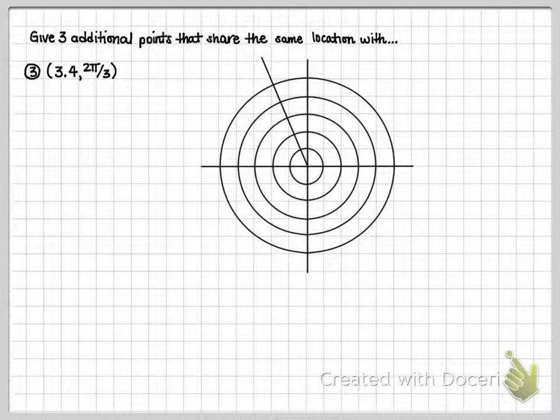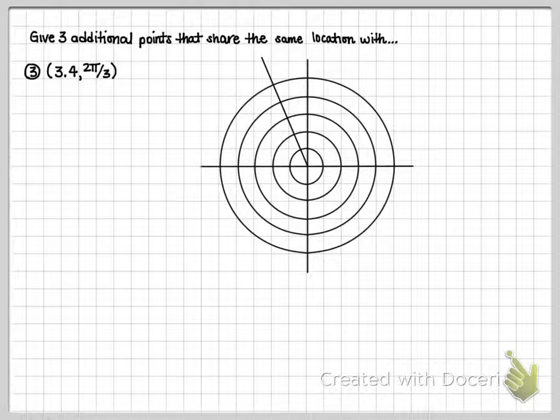And then I take a look at the radius that was given to me, and it's not right on a circle, but that's okay. You can be between 2 circles. So just remember that there's a whole bunch of other circles in here that have a radius that isn't necessarily a whole number, and that's fine.